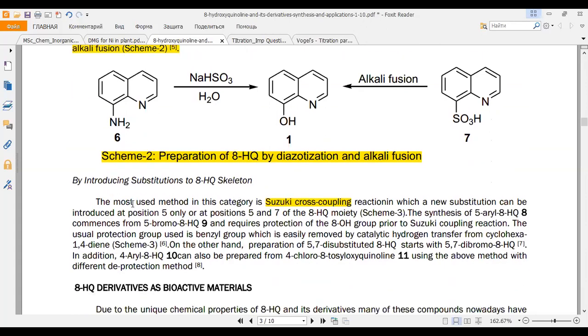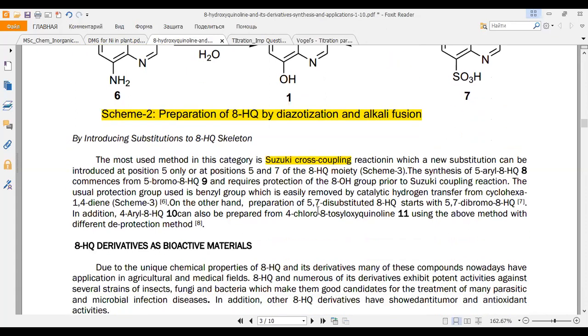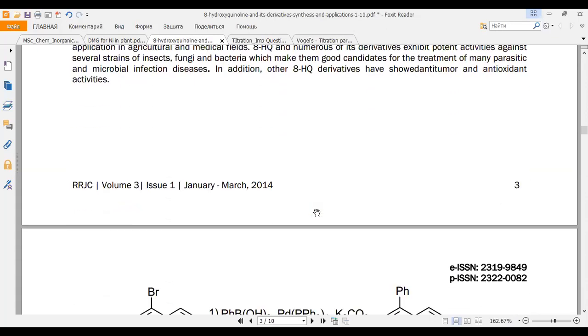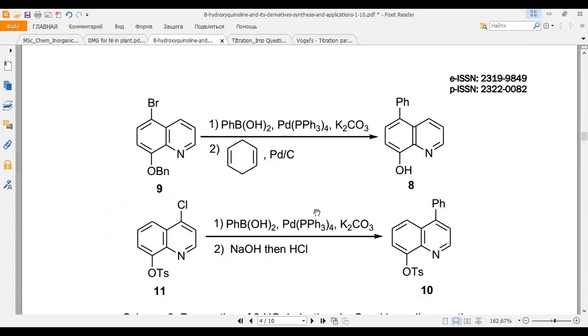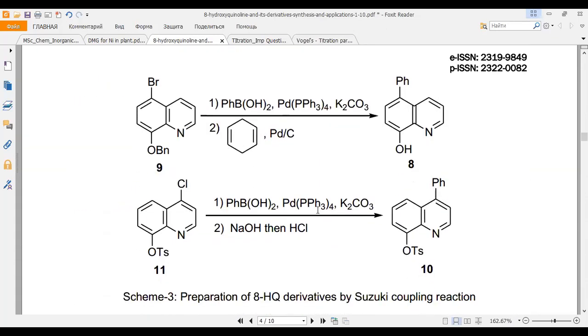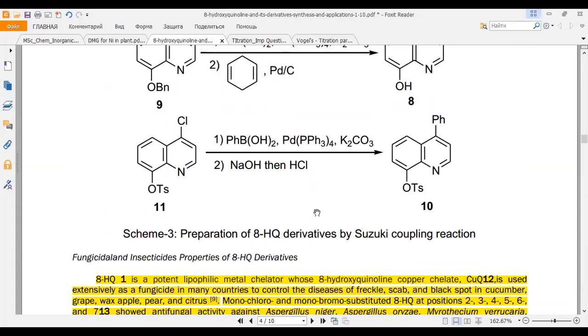The most used method in the category is Suzuki cross coupling. I just highlighted it because Suzuki cross coupling is a Nobel Prize winning reaction. It shows how you can prepare different derivatives of 8-hydroxyquinoline.